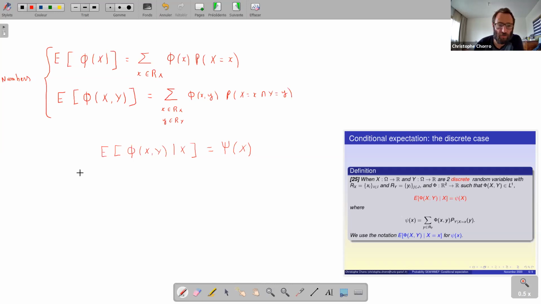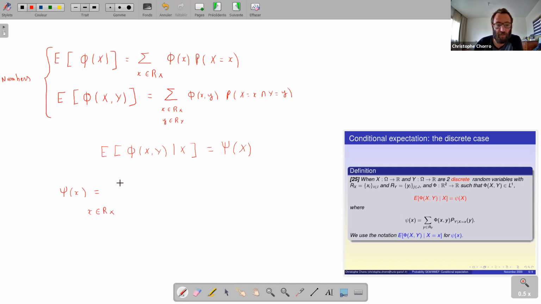In any situation, the conditional expectation given a random variable will be a function of this random variable. So it's a new random variable having some particular property. And of course, if I want to know explicitly what this one is, I need to know what psi of x is. And typically in this situation, I need only to know psi of x for x belonging to the range of capital X.